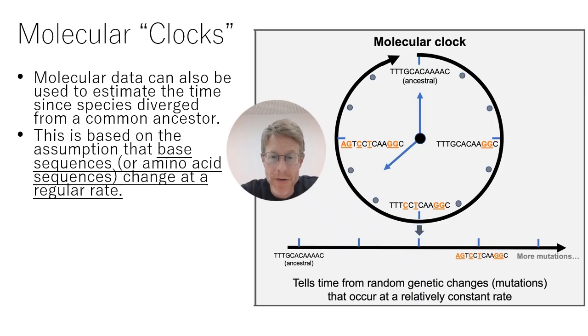So if you have a change happening, let's say, every 100 years, just for the sake of argument, and you have 5 differences between 2 groups that you're looking at today, then you might say, okay, 5 differences and there's a change every 100 years, so maybe the ancestor was about 500 years ago. Essentially, more differences would suggest that the common ancestor lived further back in time.